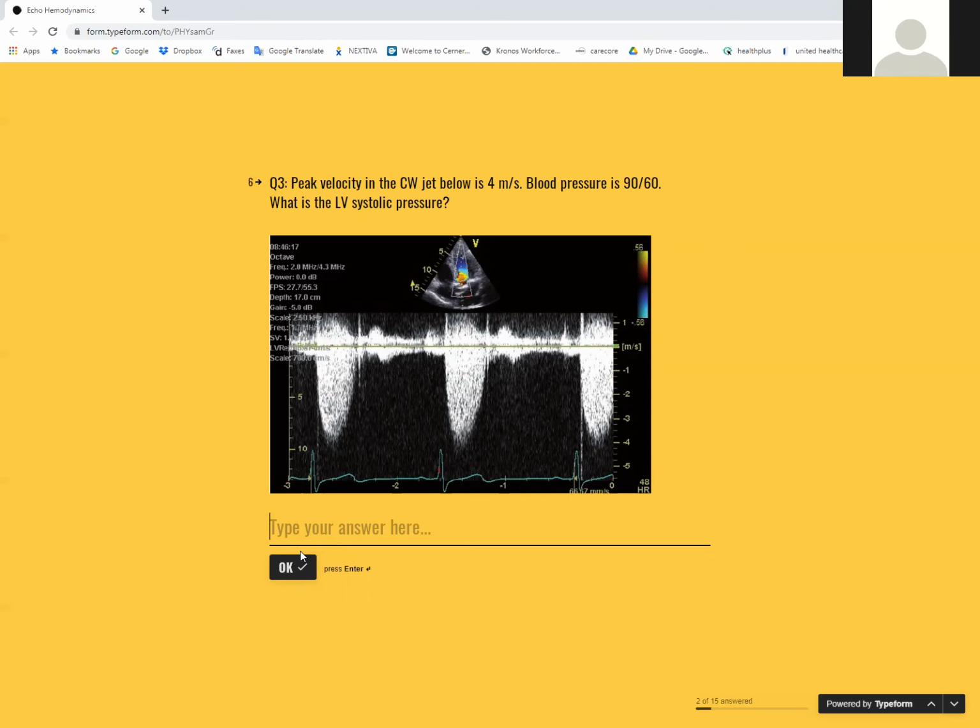Yes. So 64 plus 90 is 154, and that's our LVESP. Which is always amazing to me, because if you have somebody with severe aortic stenosis and their blood pressure is high, just think about how pressurized that LV must be. It's going to be in the 190s, 200s easily if somebody's hypertensive. It's pretty scary, think about it.